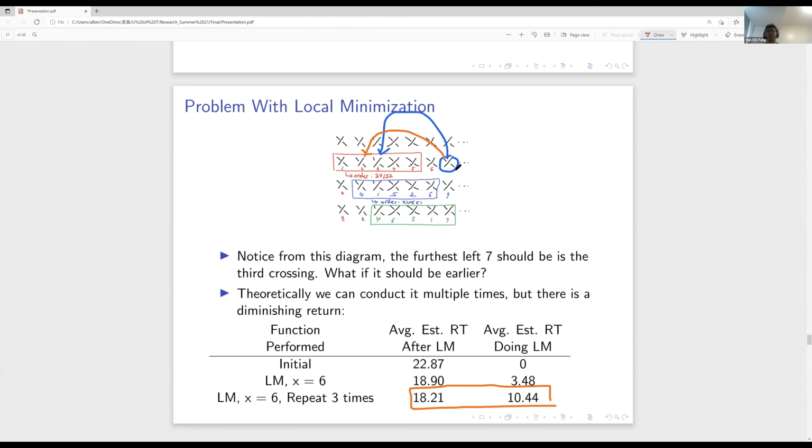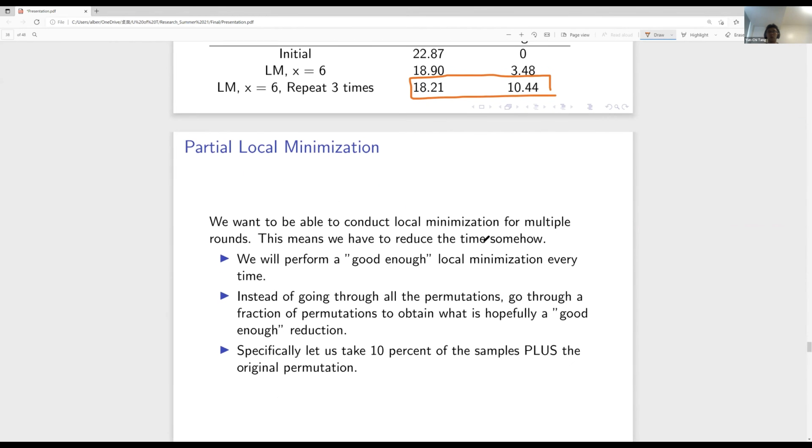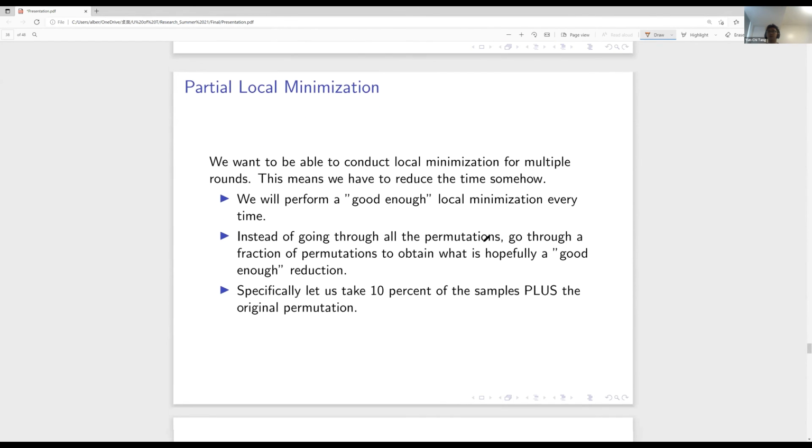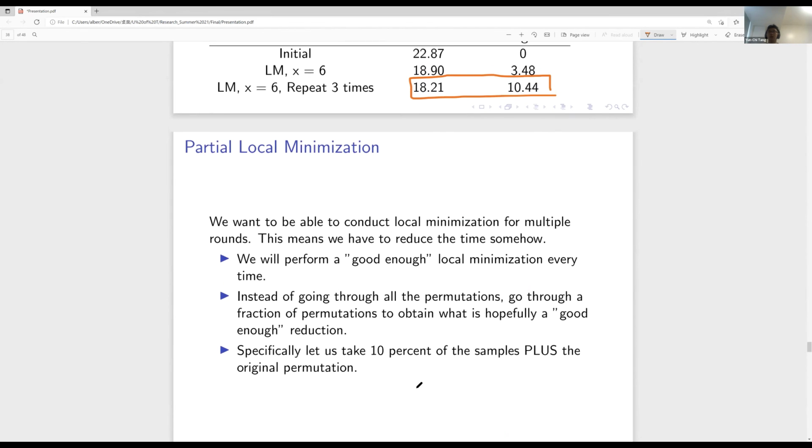So what I'm going to do is, let's say I'm given a chunk of crossings, instead of running through all the permutations with those crossings, I'm going to take 10% of those permutations plus the original permutation of the crossings.